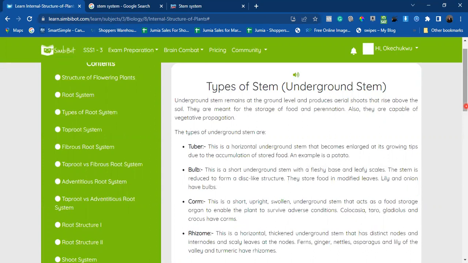Underground stem. Example, tuber. Of course, when we mention tuber, what comes to your mind? Potato and the rest. We have bulb. When we mention bulb, what comes to your mind? Onion. We have corm. When we mention that, what comes to your mind? Plantain.